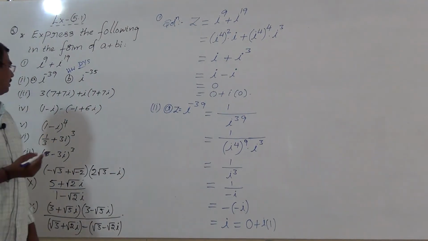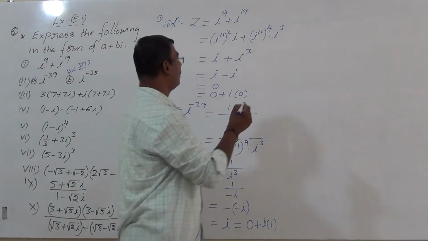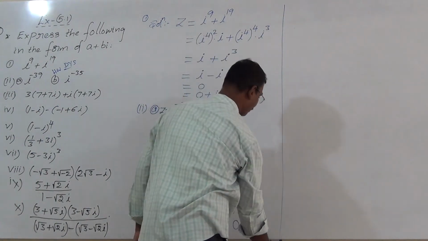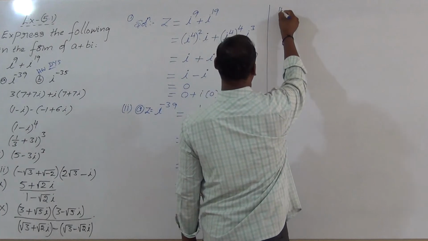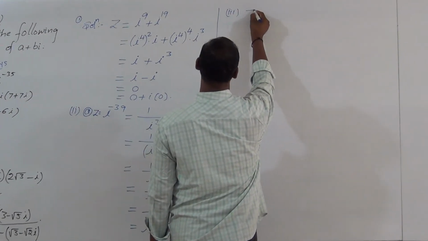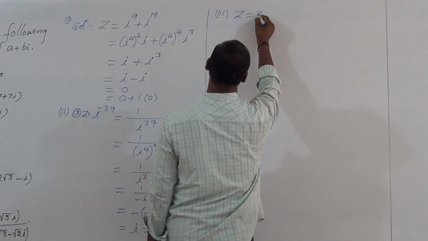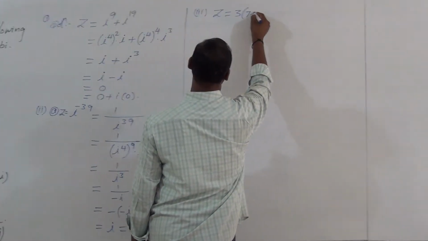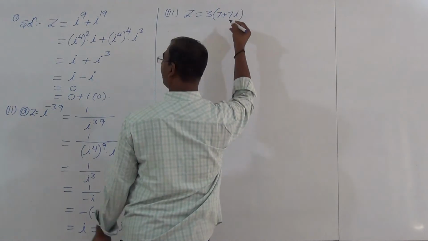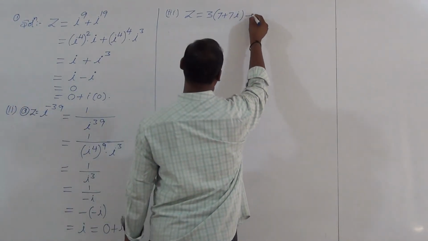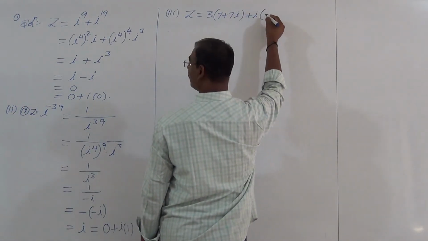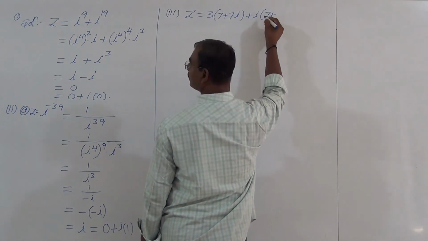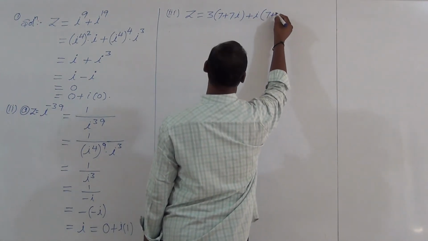Now the third bit. I am taking z is equal to 3 times of 7 plus 7 iota, plus iota into 7 plus 7 iota.